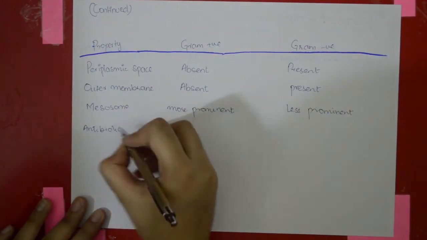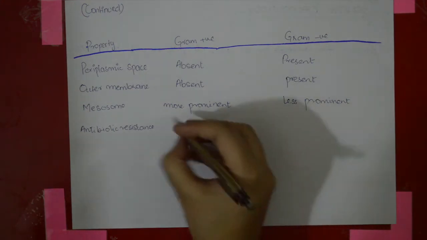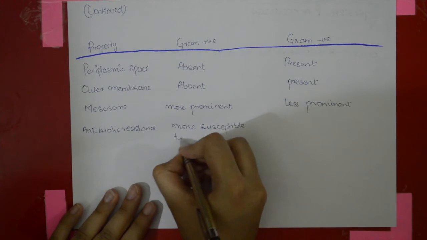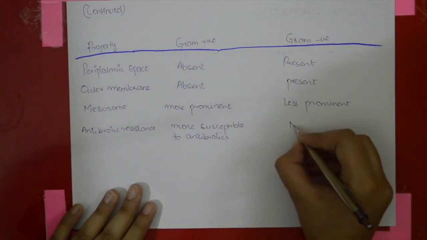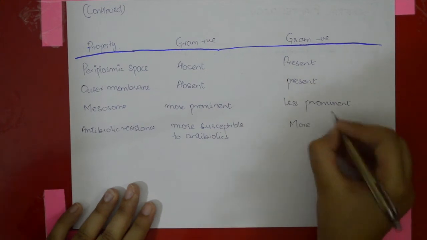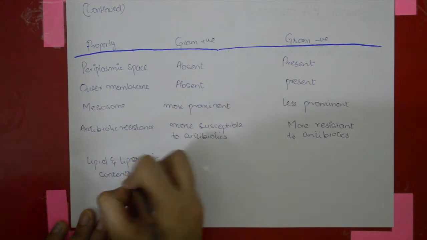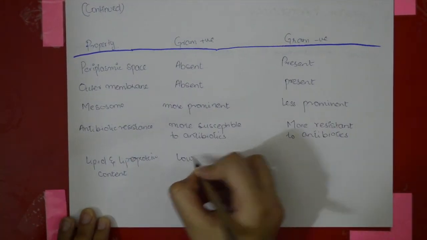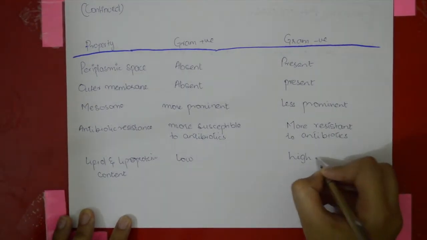Antibiotic resistance. Gram positive is more susceptible to antibiotics, whereas gram negative is more resistant to antibiotics. The next point can be that lipid and lipoprotein content is low in gram positive and high in gram negative.